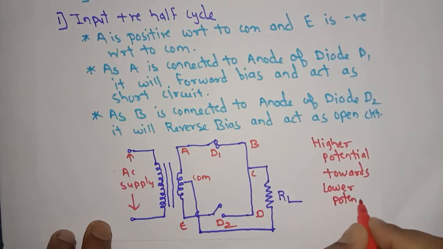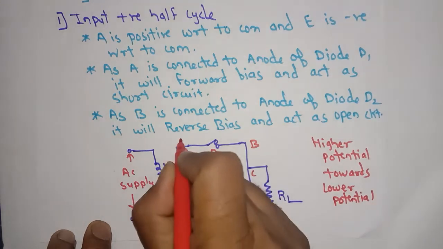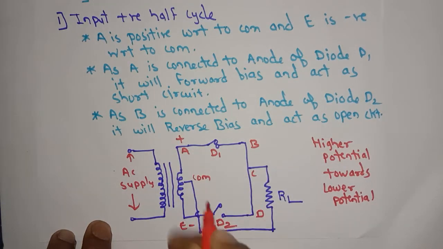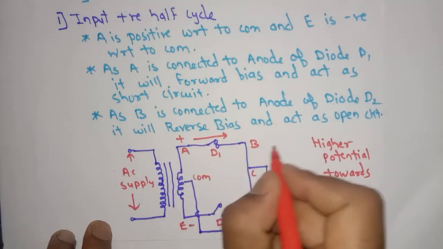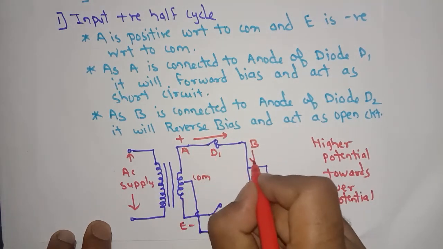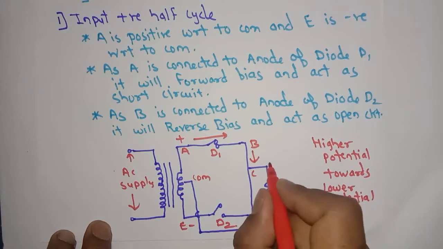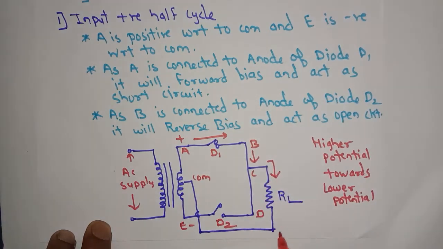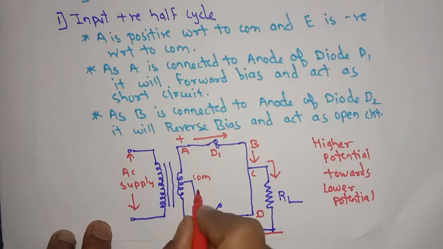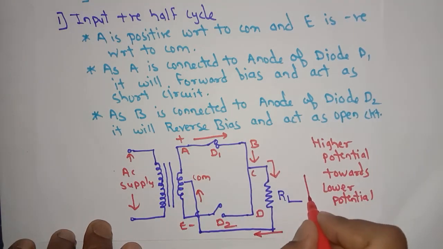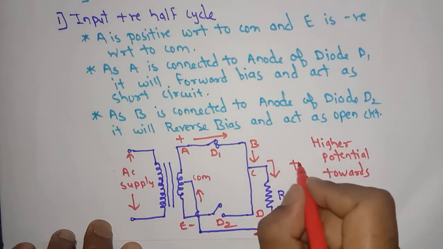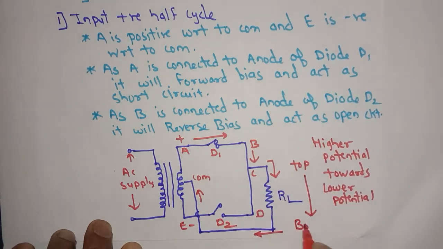So here, as A is positive and E is negative with respect to common, current starts flowing from A to diode D1, then to point B, then it will flow through load resistance RL, then it will go towards the common terminal. In this way circuit will be completed. Here we can see that current flows through RL in top to bottom manner.